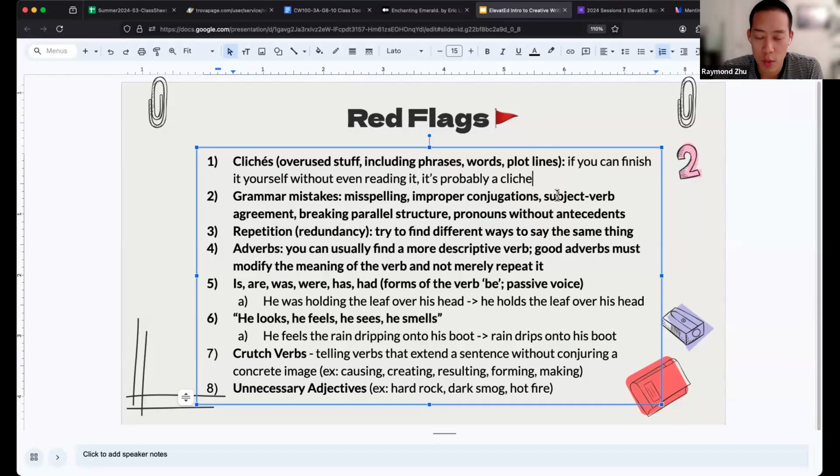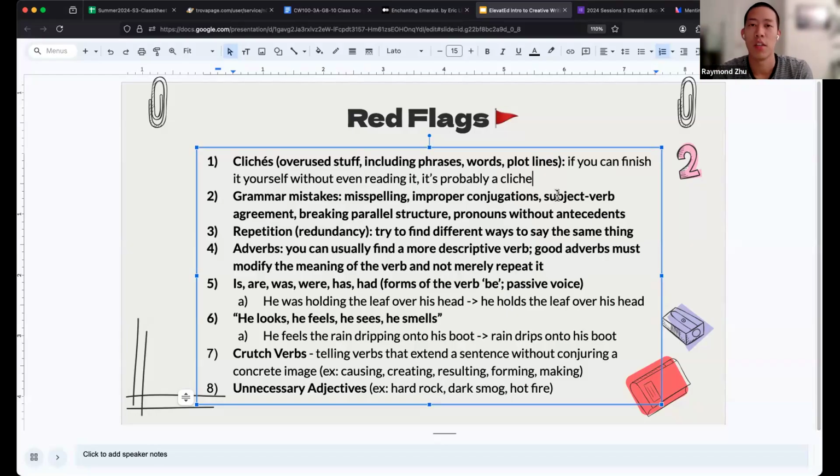Number 2 is grammar mistakes, right? So don't misspell, don't misconjugate your verbs. A lot of times the subject is far from the verb, and they won't agree in number or tense. So make sure you have subject verb agreement. Make sure you are not breaking parallel structure, right? You remember what parallel structure is? That's when you have multiple elements in a list and they should all have the same grammatical structure.